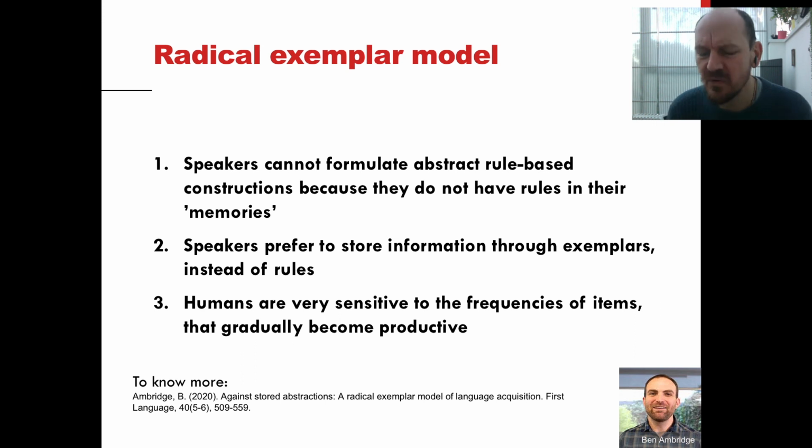So according to Ambridge, what we do is just to pick some exemplars, some prototypical items, and then we generalize from those items. He formulates this on the basis that speakers prefer to store information through these very frequent items instead of using rules, because Ben Ambridge thinks that this is actually more productive.